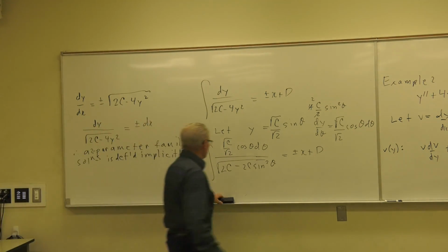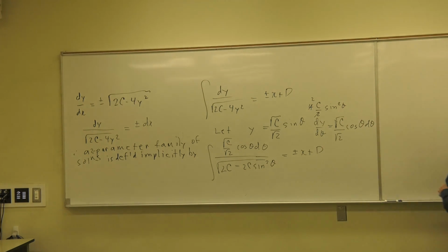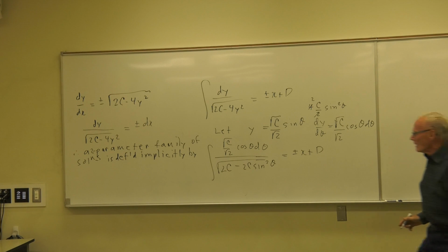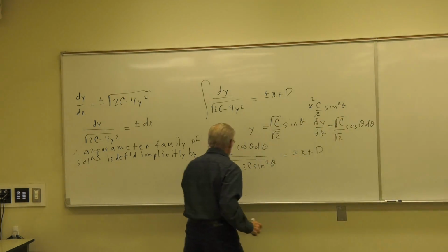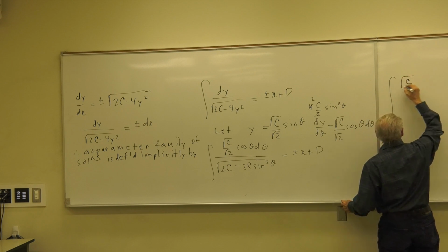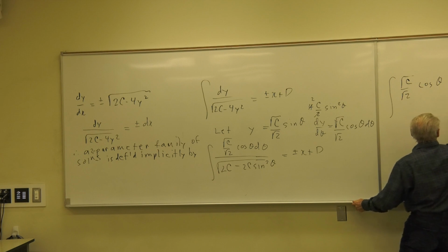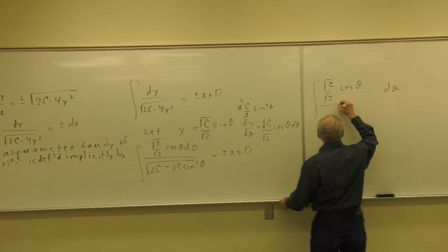So what do we get? If we pull out, let's write then, we've got the integral of root c over root 2 cosine theta, with d theta on the bottom.